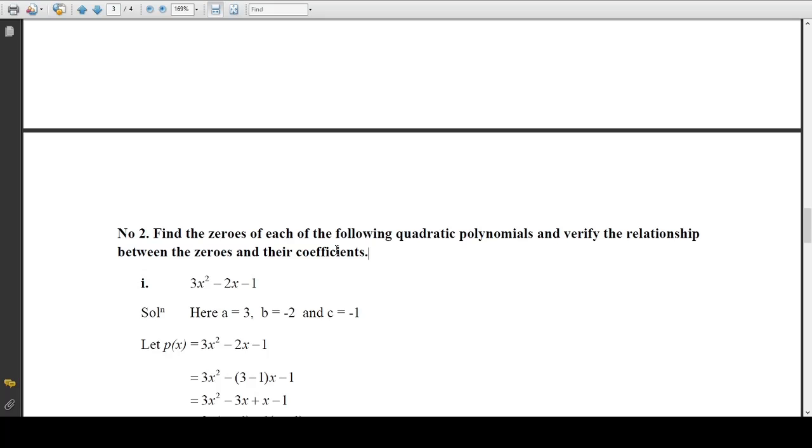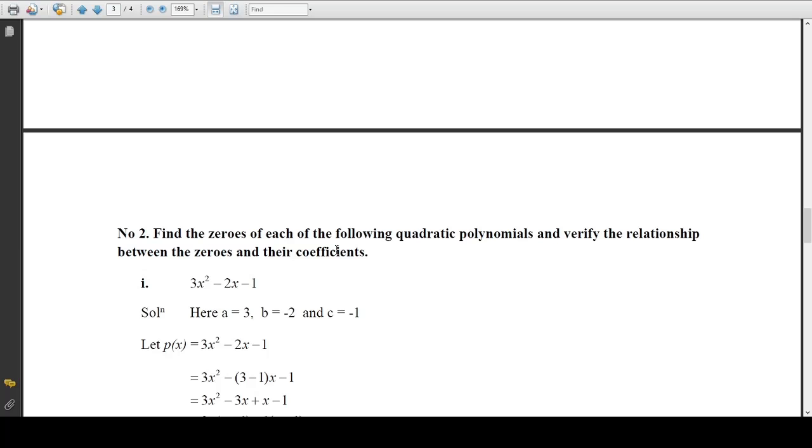I think you remember we discussed this in the first class. Try to remember and learn it, because so many times you'll come across the sum of zeros, product of zeros, the relationship with their coefficients. Now let us try to solve this problem.